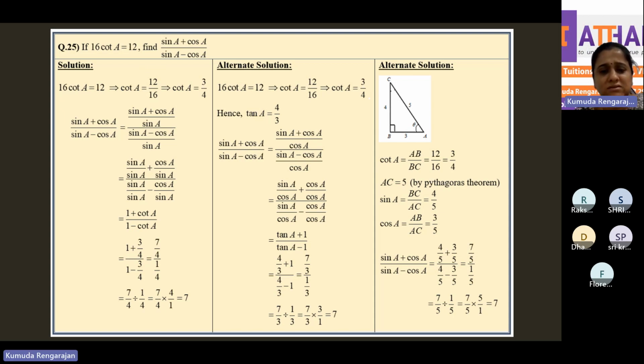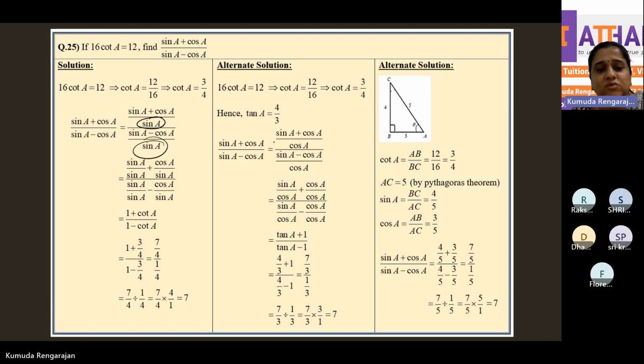I think I've done it and you understand. I've done 3 methods, alternate solutions. But so far, I've not seen any specific question like that, even in the board exam. In the first one, I've divided by sine.